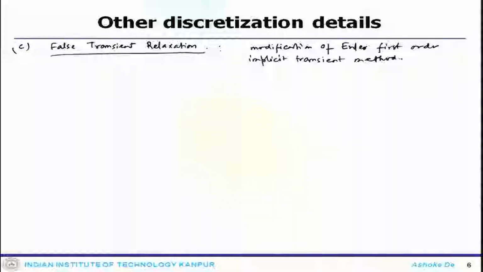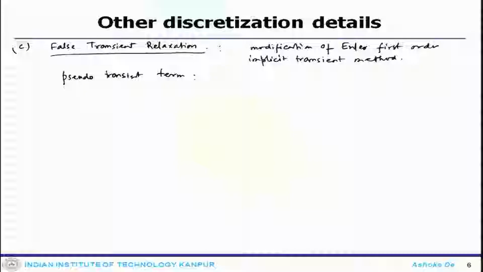So, it is essentially obtained by modifying the Euler first order transient method, where the previous iteration values are used instead of the old time step values.